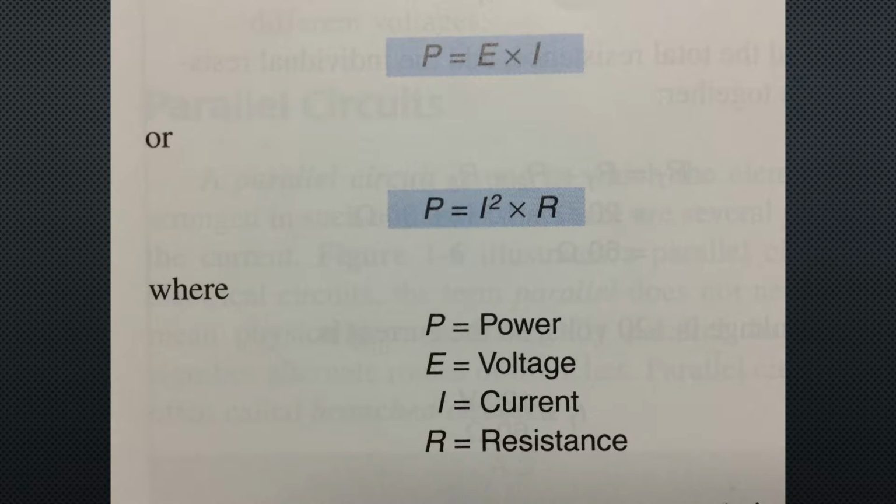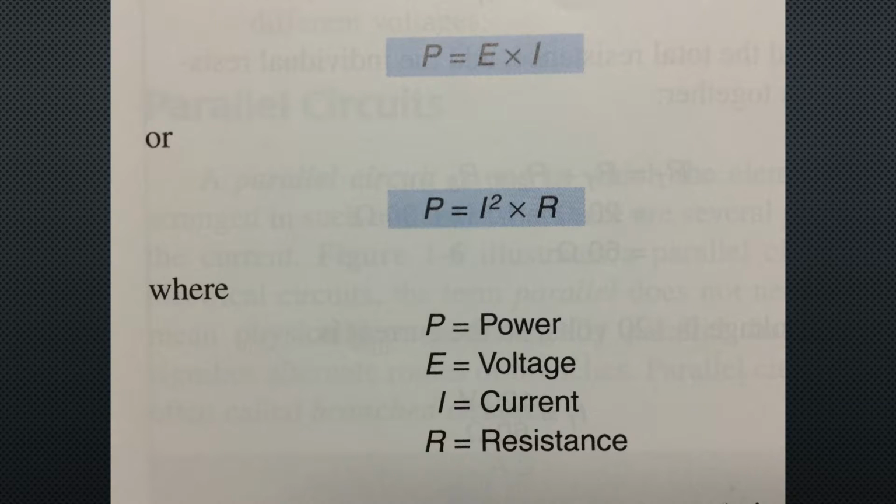Power is the rate at which energy is transformed. It is the rate of doing work. Electric power is measured in watts, symbolized by a capital W, and it is the product of voltage times current. Since a watt and a volt-ampere are the same, power is often expressed in volt-amperes, or VAs.